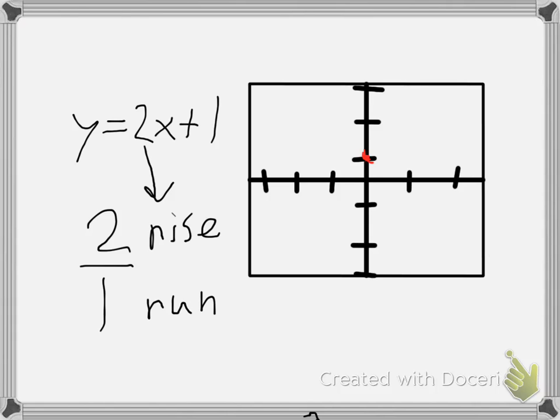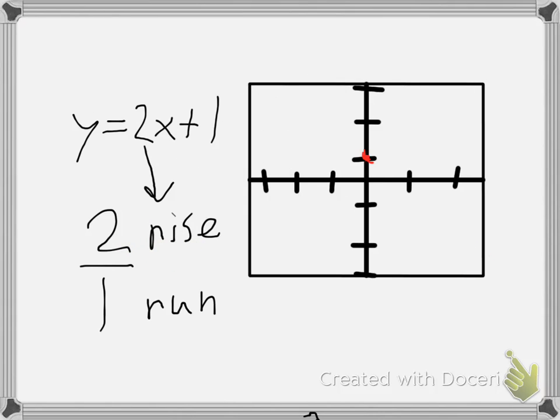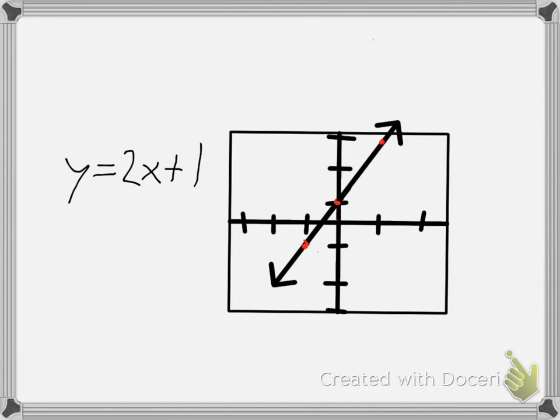So to graph our next points, we go up 2 and over 1, to graph this point right here, and right here. And we also go down 2 and to the left 1 to graph our second point. I apologize, right here. And once we have these points, we are able to connect them to create a line.